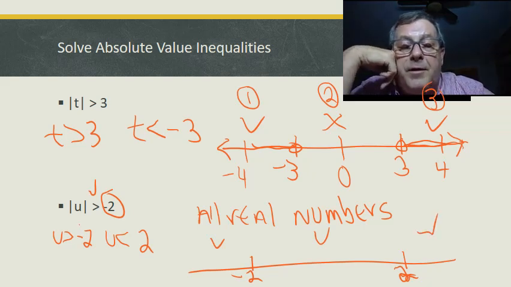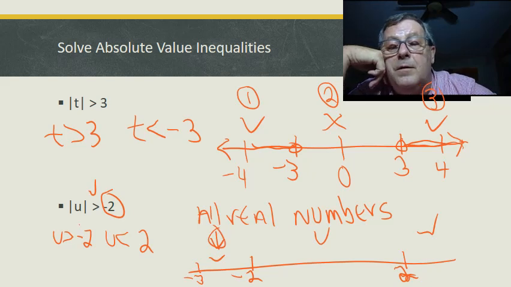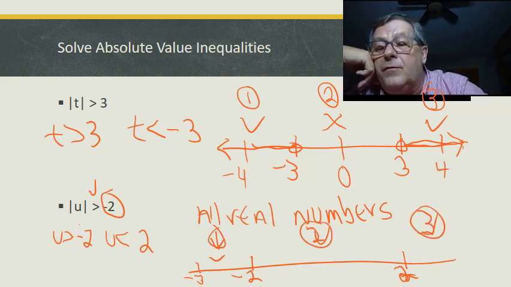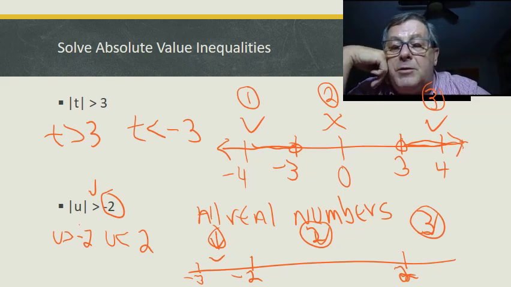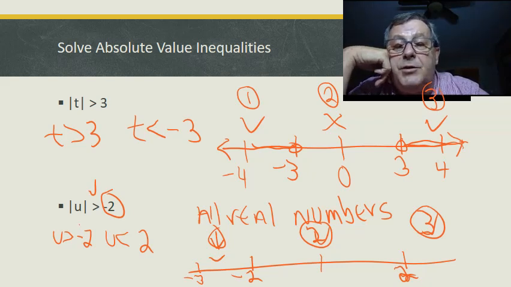So let's pick a number here to the left of -2, and I've got -3. All right, so absolute value of -3 is 3, and 3 is greater than -2. And so this interval right here would pass. Let me relabel these 1, 2, 3 for these intervals. All right, let's pick a number here between -2 and 2. In that interval, let's pick 0. Well, the absolute value of 0 is 0, and 0 is greater than -2.